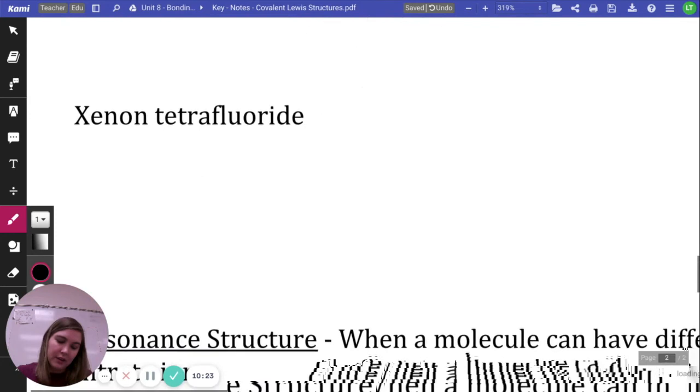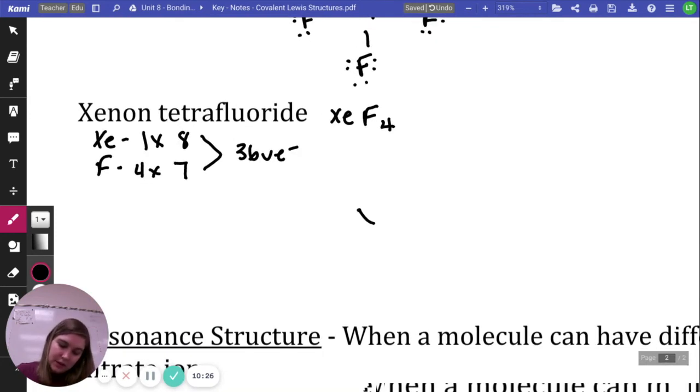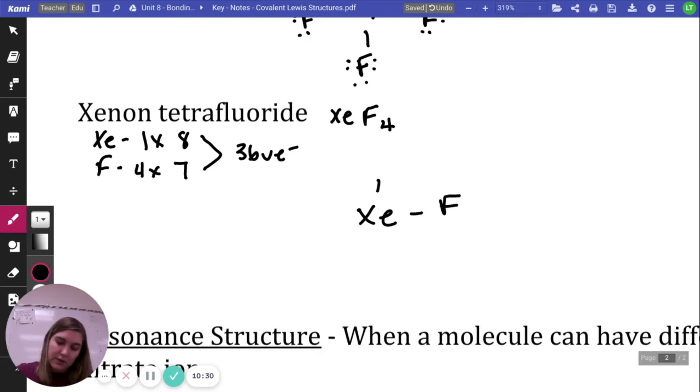All right. So we're going to put xenon in the center and go ahead and bond the 4 fluorines around it. All right, so I've used 8 valence electrons, still have 28 more to go.